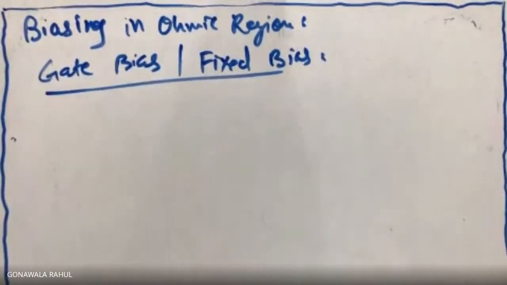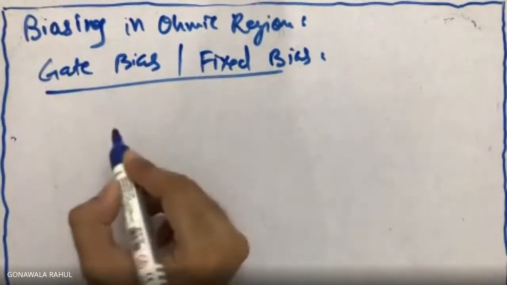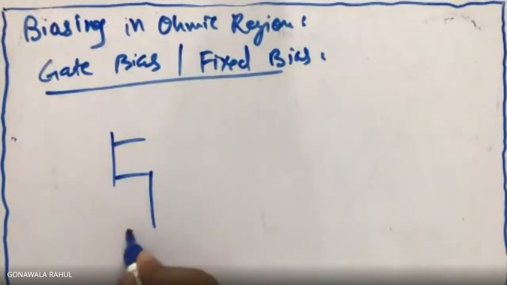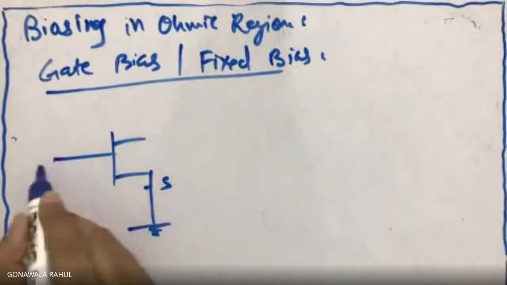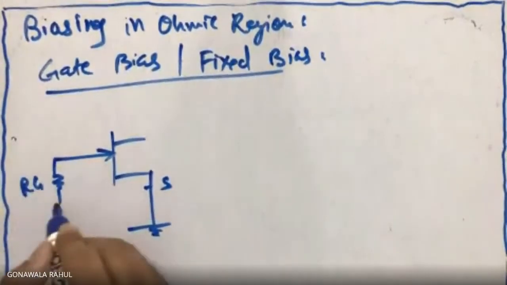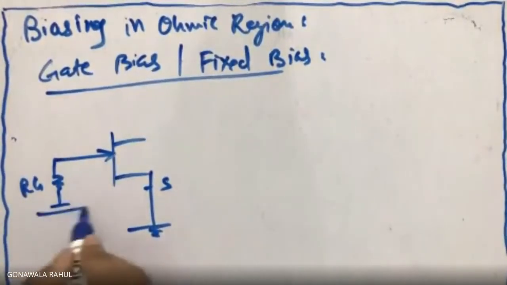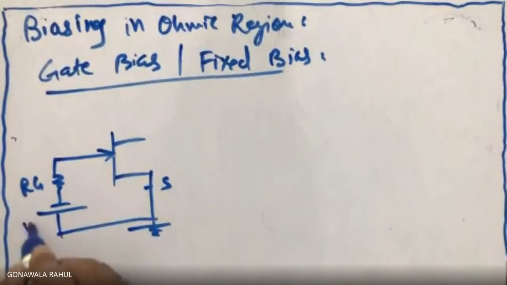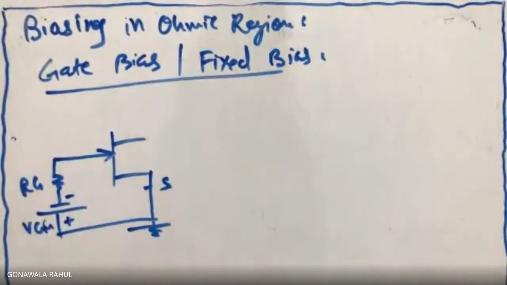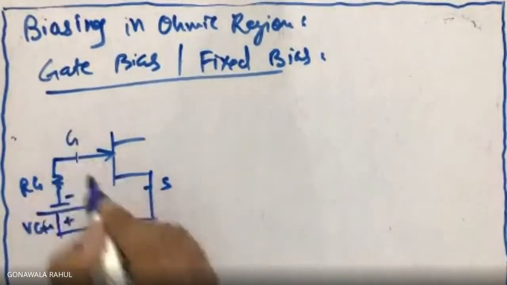The circuit for this biasing would be like this. This is source, gate, we have a resistor, let's say RG, and a battery VGG, with minus and plus as marked. This is my gate terminal.